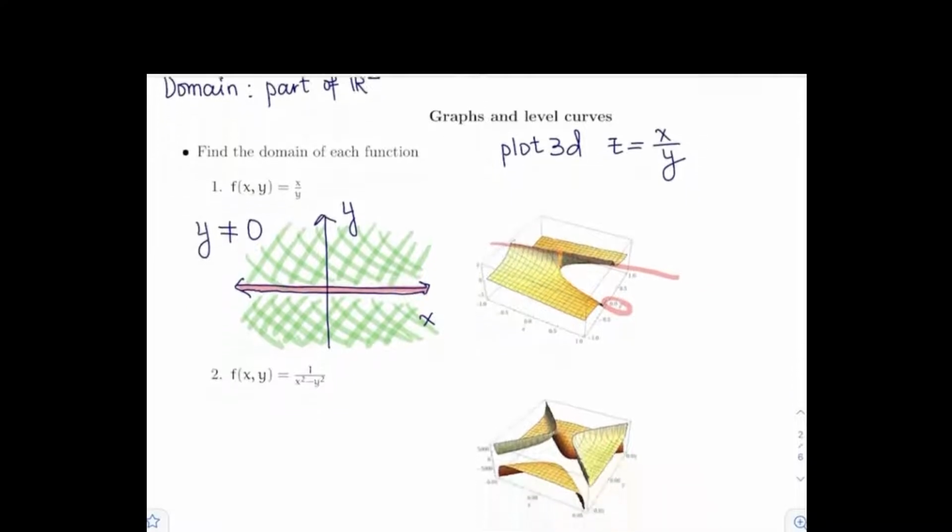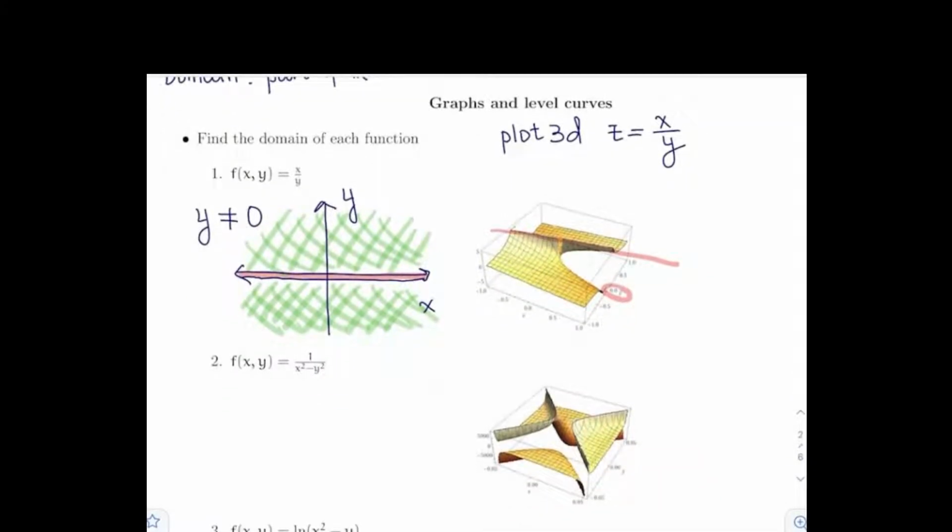Let's take a look at the next one. Here I have a function 1 over x squared minus y squared. Once again, we do not want this expression in the denominator to be 0, so that's not equal to 0. That means what?